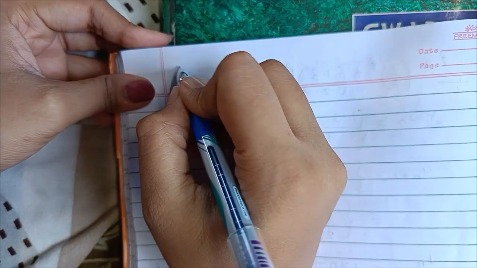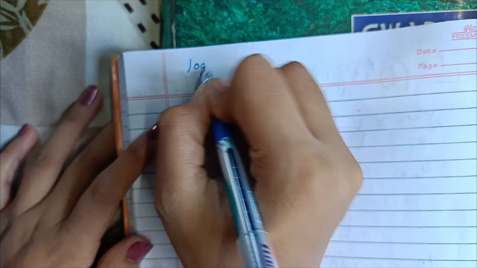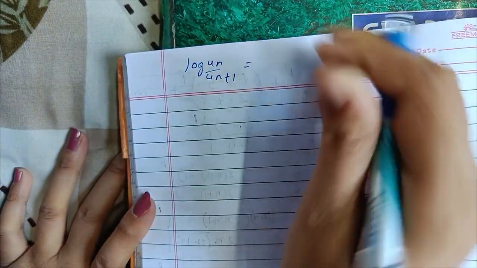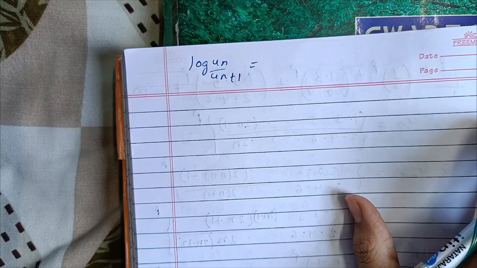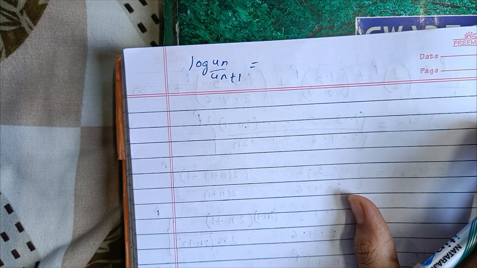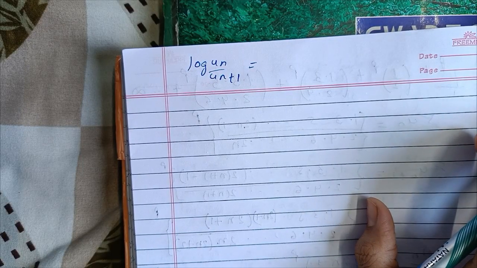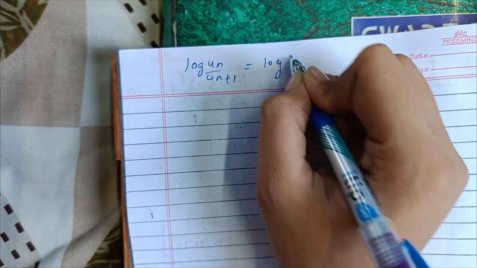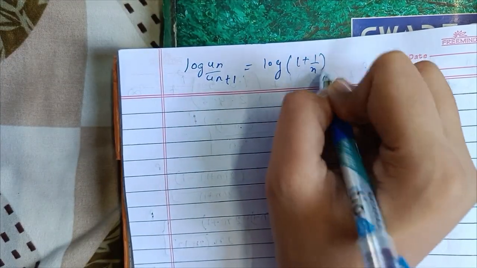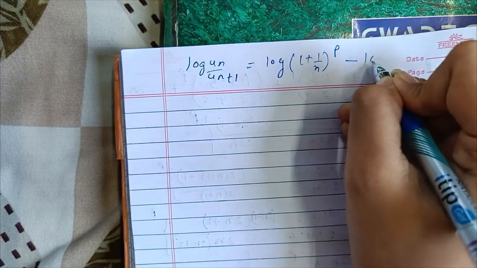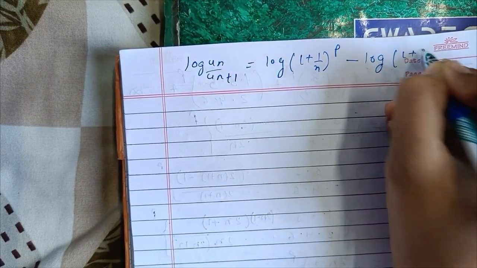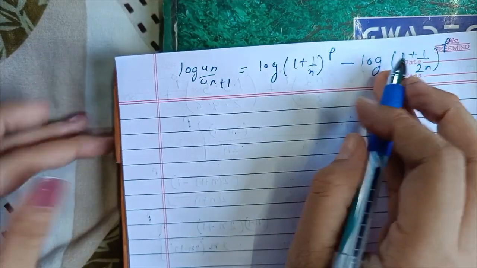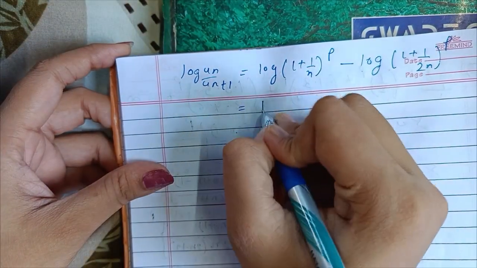So the ratio is log un upon un plus 1, and this will become basically the log a by b formula, that is log a minus log b. So log 1 plus 1 upon n to the power p minus log 1 plus 1 upon 2n to the power p. This p will shift outside.